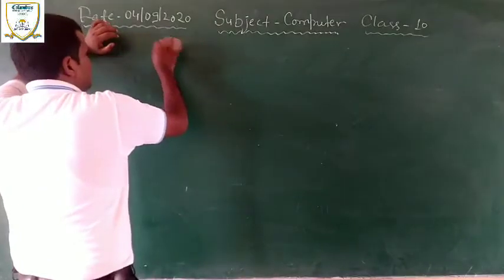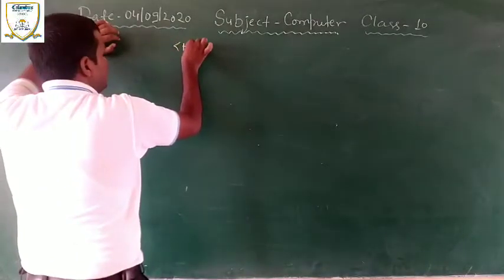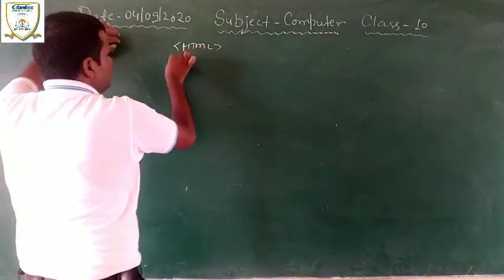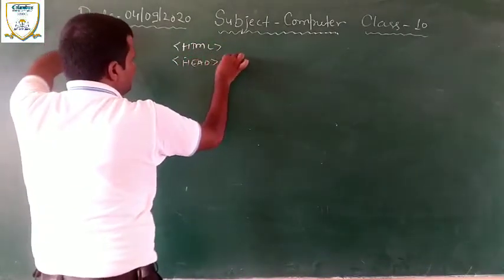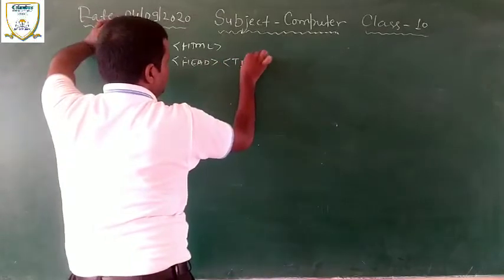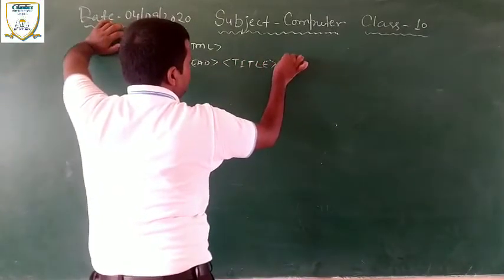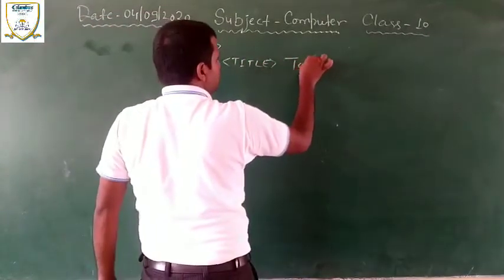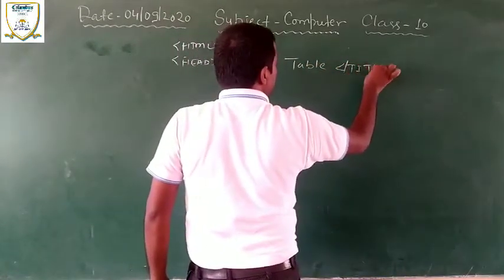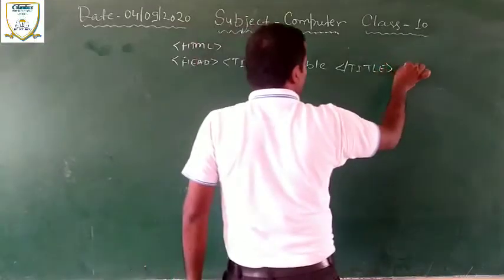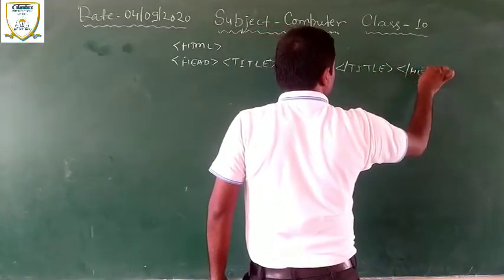First we start by writing HTML, okay, then head, then title. Title is table, close the title, then close the head.